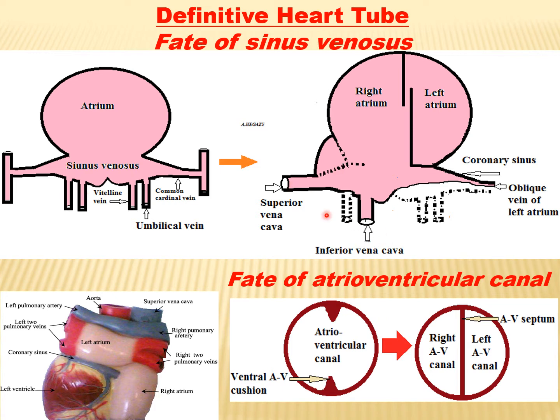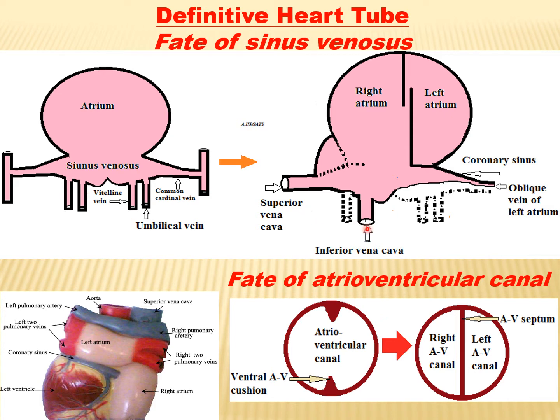Then we come to the vessels, the three vessels. The right umbilical vein completely disappears. Then the cardinal vein forms the superior vena cava, while the inferior vena cava's proximal part originates from the right vitelline vein.